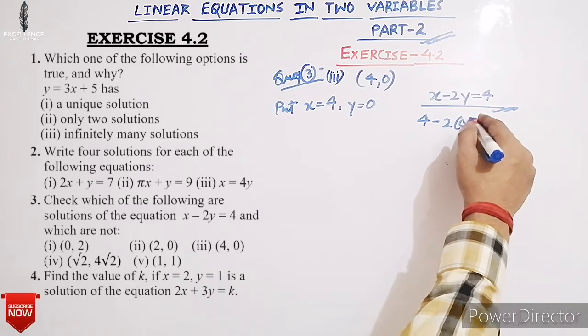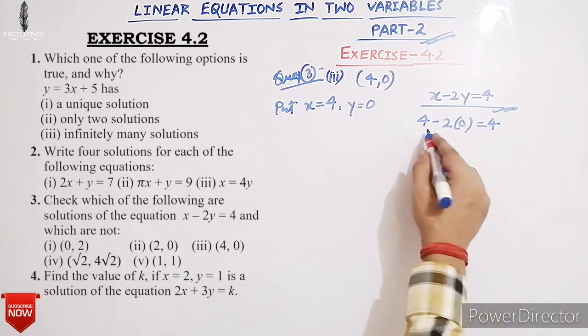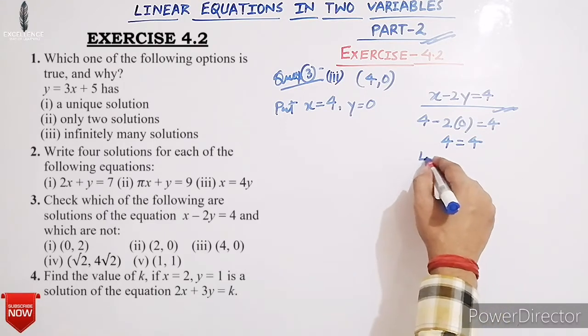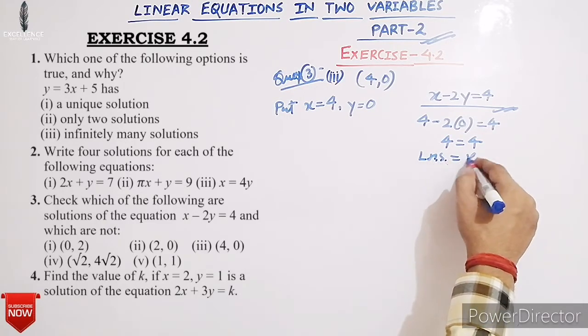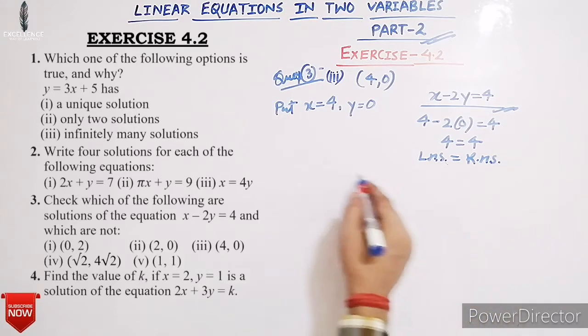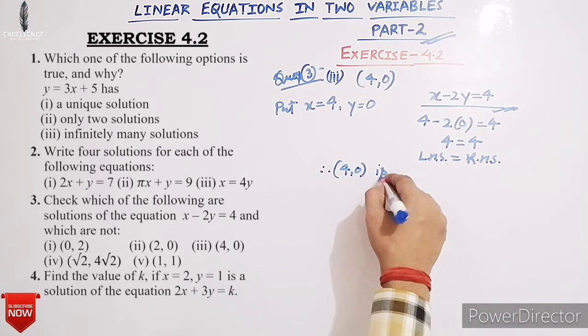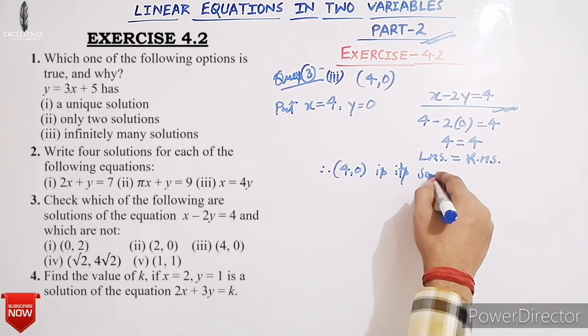So we have 4 minus 2 into 0 equals 4. So we get 4 equals 4. Here LHS equals RHS. So (4, 0) is its solution.